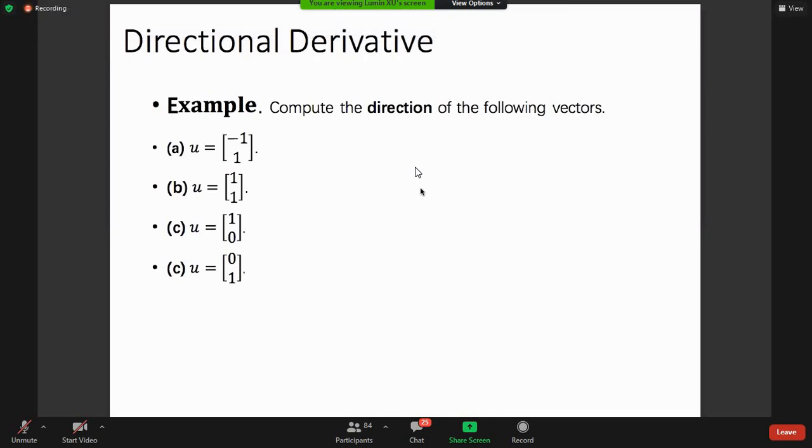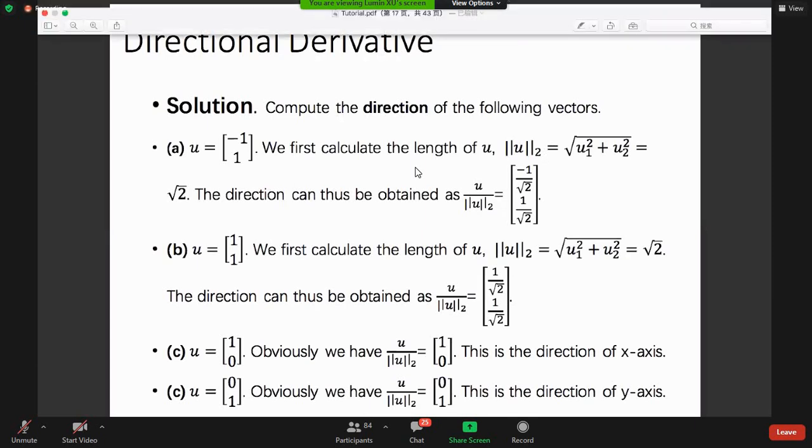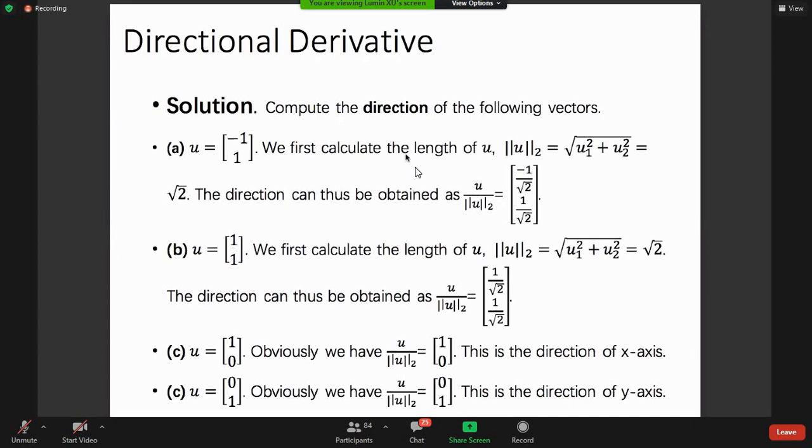Okay, now let's look at the solution. And according to the definition, we should first calculate the length of each vector, right? So for the first one, we first calculate the length, and then we divide the original vector by the length and get this one.